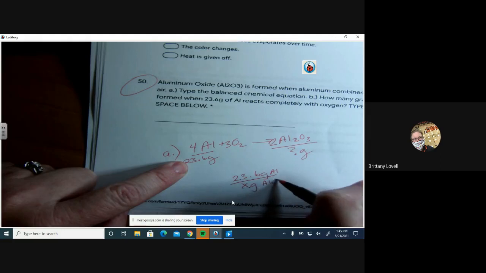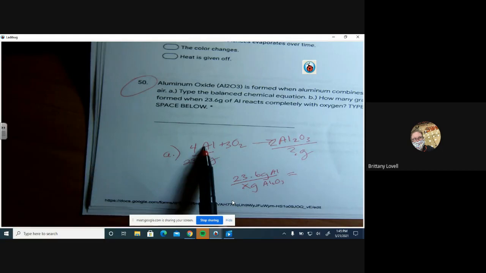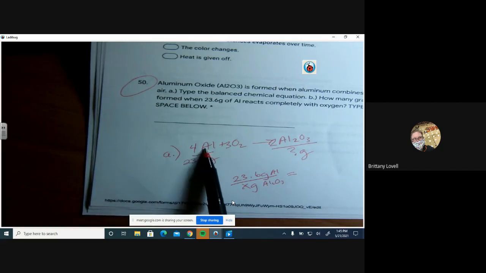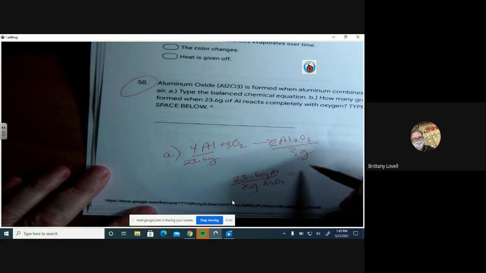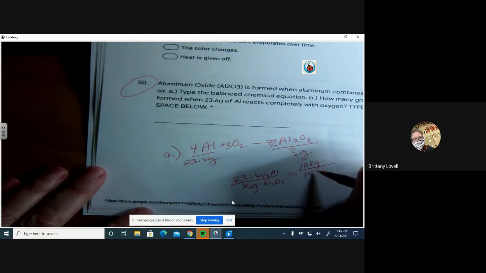This is Al2O3. And I'm going to set it equal to, what do I know in the problem already? Well, I've got 4 of these, so 4 times the molar mass of aluminum. And I'm going to use my cheat sheet here because I've already done this problem once. So if I took 4 times 27, which is the molar mass of that, it's going to give me about 108 grams. And if I did 2 times this mass right here, that's going to give me about 156 grams of that Al2O3.